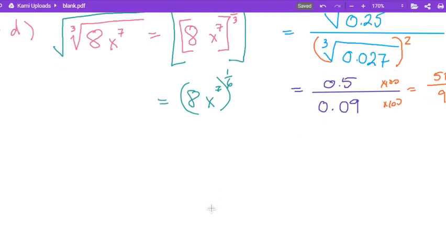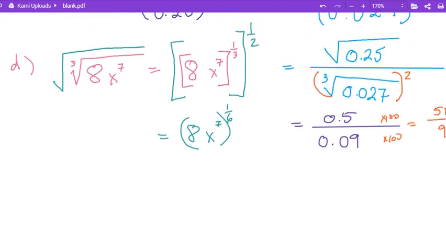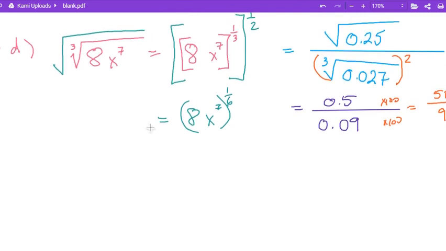And now, I'm slowly getting rid of the brackets. I got rid of one bracket by multiplying the two exponents. Now I get rid of the second bracket by writing rational exponents. So what will be 8? Well, it's going to be 8 to the power of 1 over 6. How about x? What will be the rational exponent, the fraction exponent?